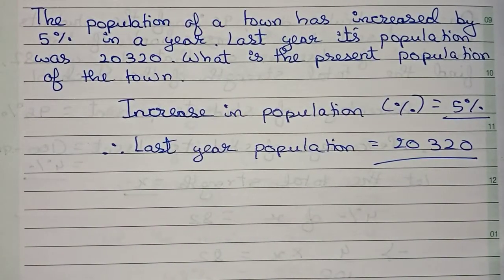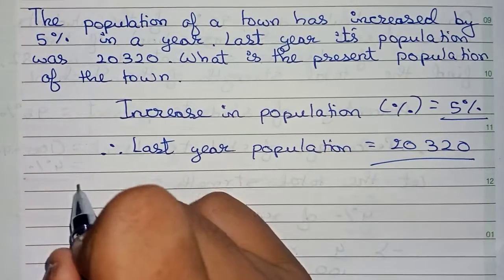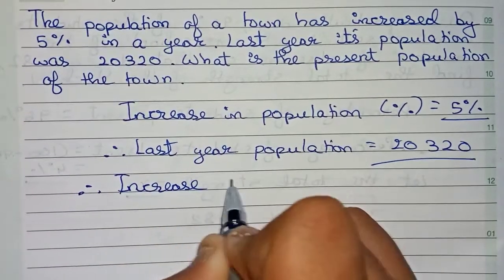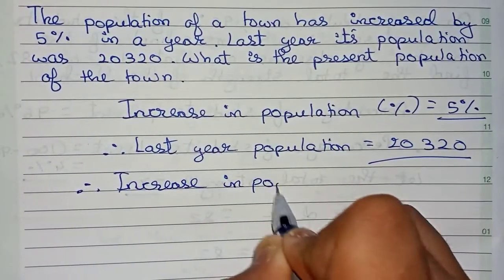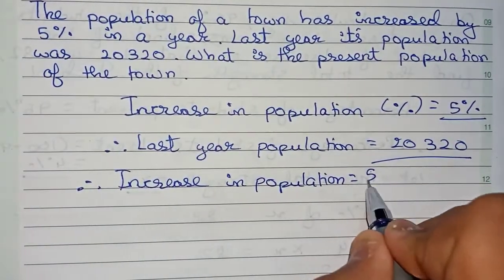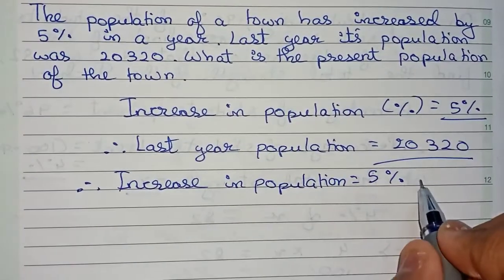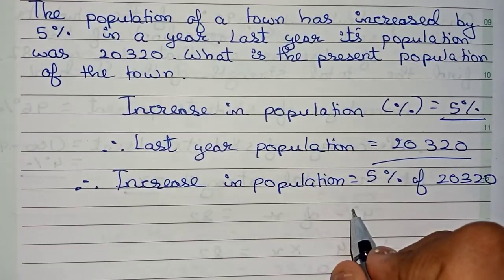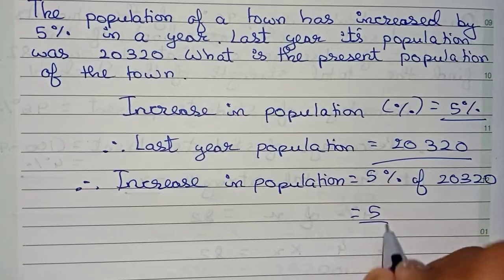So first you will find out the increase in population, that means how much the population has increased. Therefore, write increase in population equals 5% of the previous year population, that is 20,320. 5% means 5 by 100.